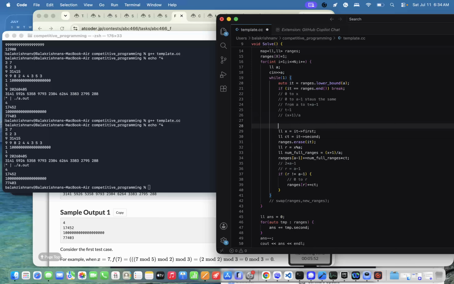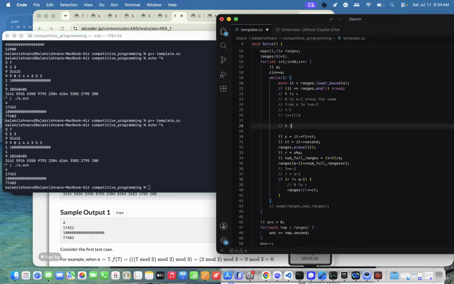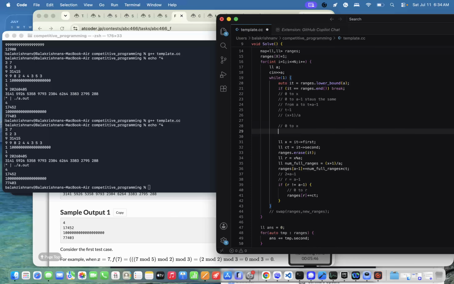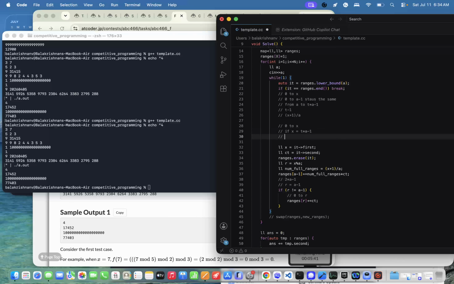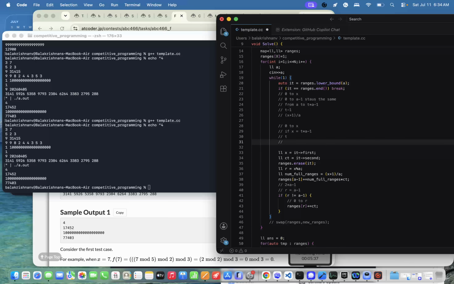So let's say it's x, right? And if x is equal to t times a minus 1, then it is t. So it's just x plus 1 divided by a is the full ranges of a, 0 to a minus 1.